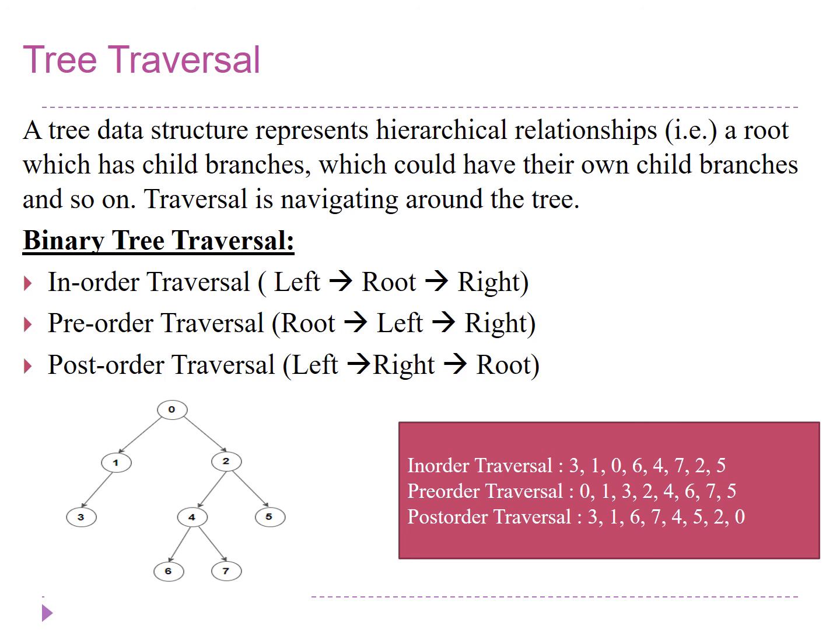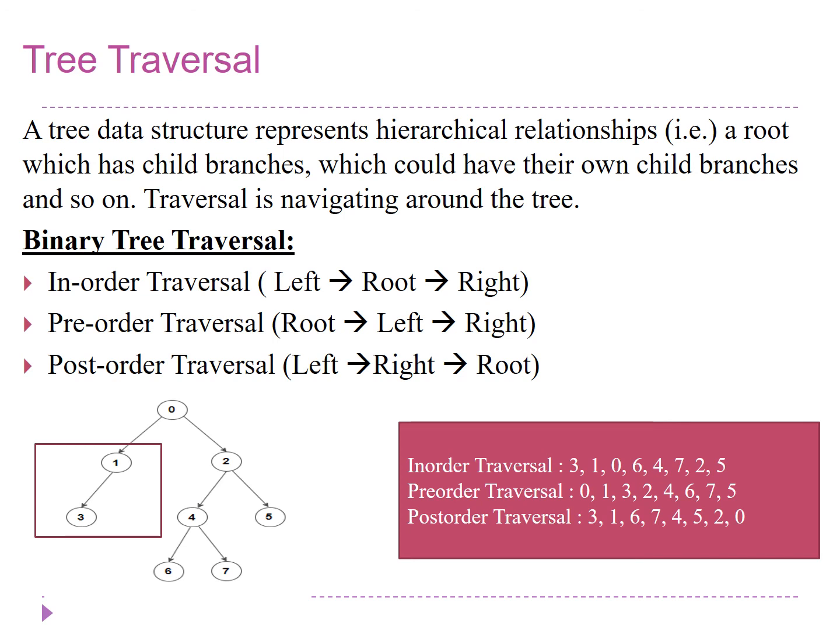The left, the root and the right are determined considering three nodes of a subtree. In the example given, the leftmost subtree does not have the right child.